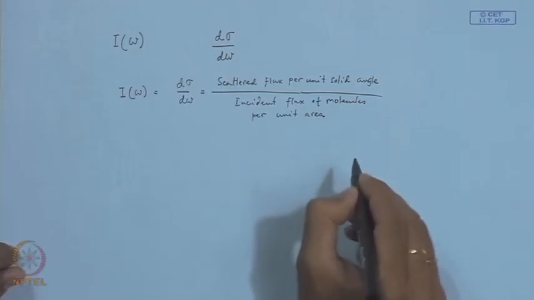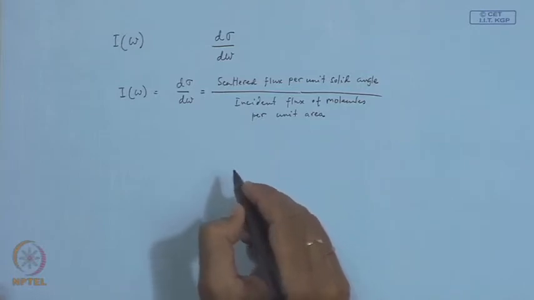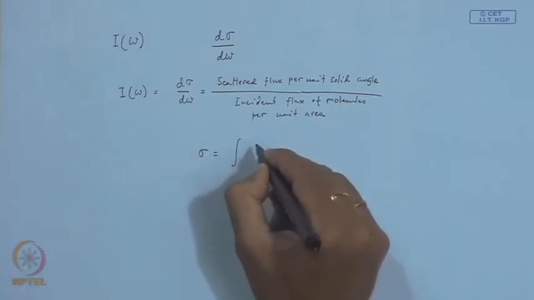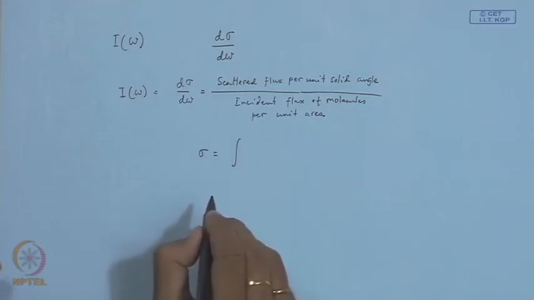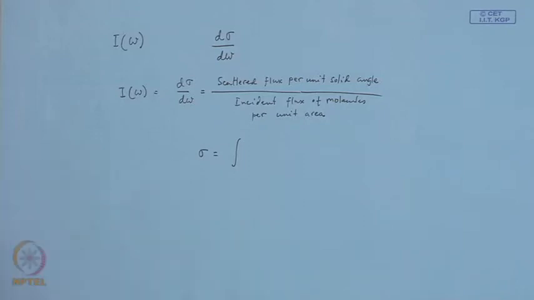Okay, and this cross section sigma, as I already told you, can be written as an integral, because you have to average it out over different angles. To find the total integral cross section, you have to integrate over the total angle.